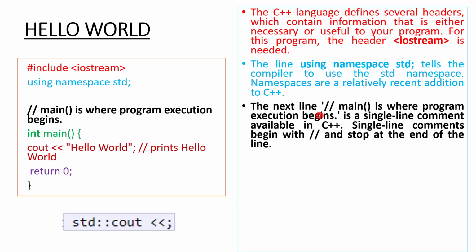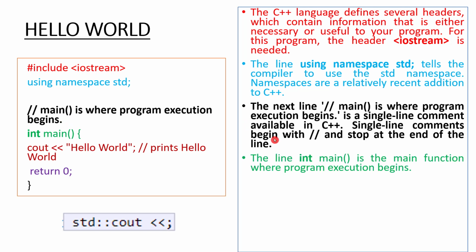The next line, int main, is the main function where the program execution begins. So the comment line is not read by the compiler.